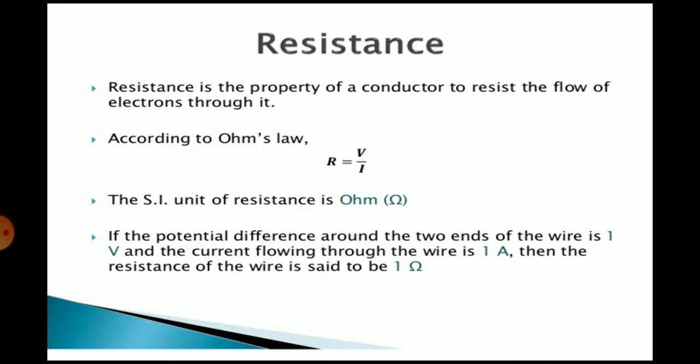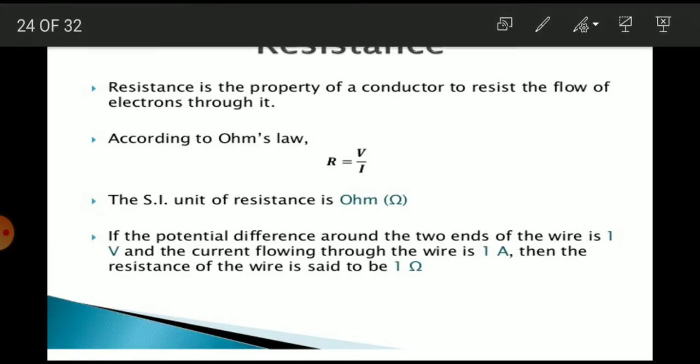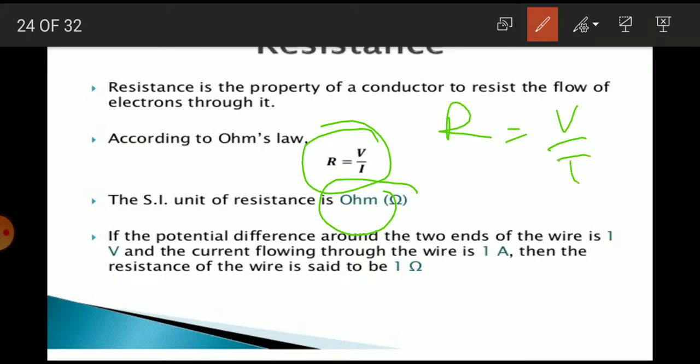Now resistance. Resistance is the property of a conductor to resist the flow of electrons through it. It will oppose the flow of charges. According to Ohm's law, R is equal to V by I. The unit of resistance is ohm, and 1 ohm is equal to 1 volt per ampere.